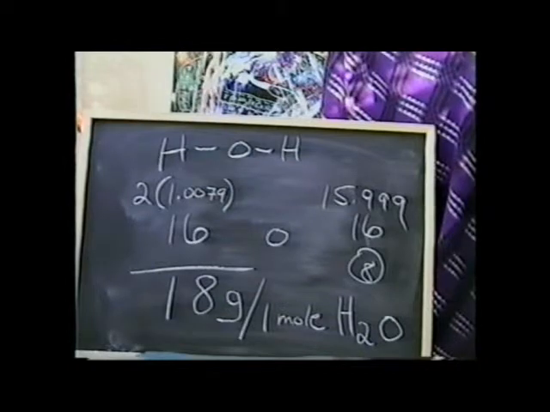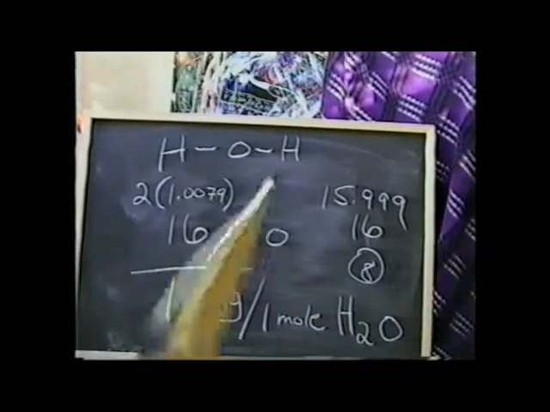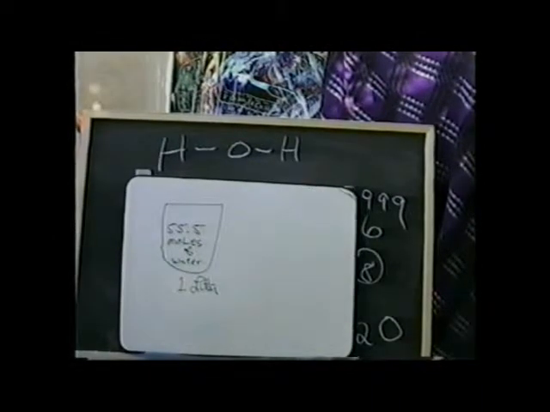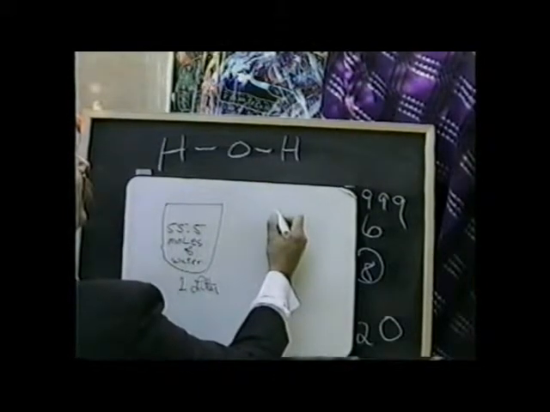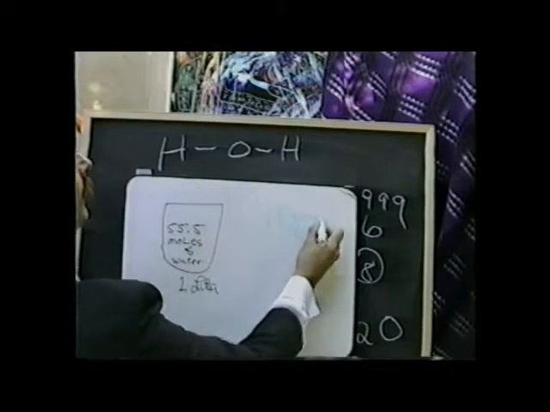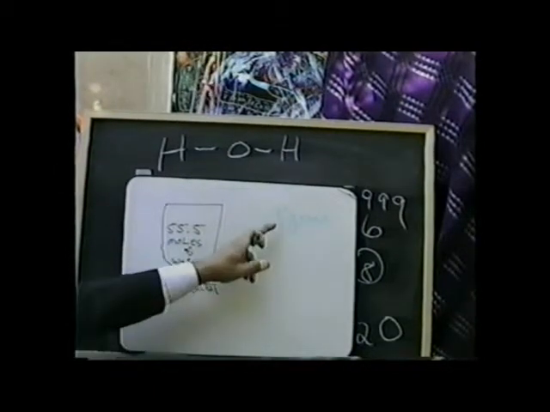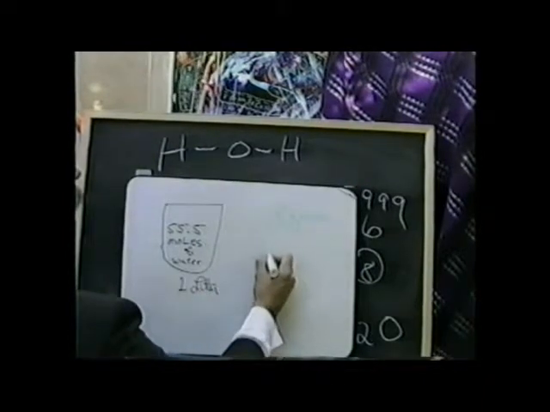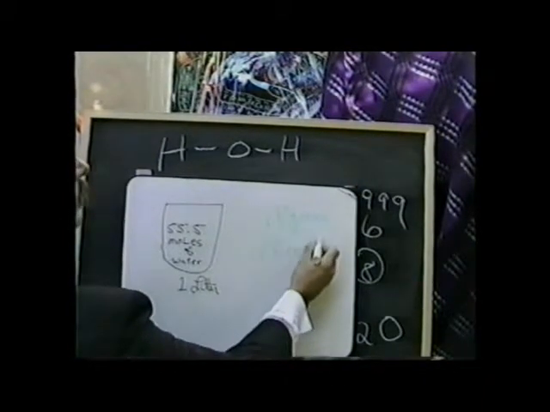A lot of people don't like the metric system. Look at this. One mole of water is 18 grams. We want to know the volume of that. It's 18 milliliters.